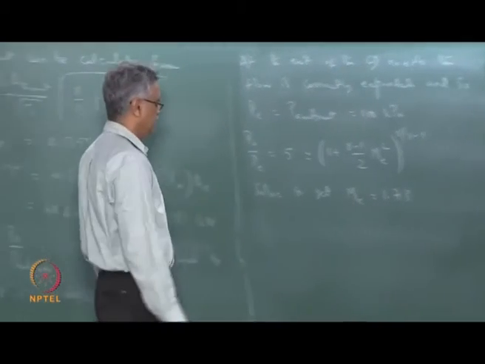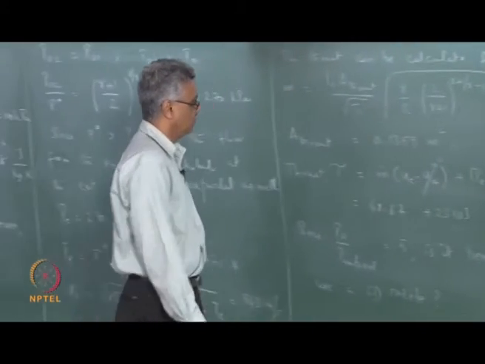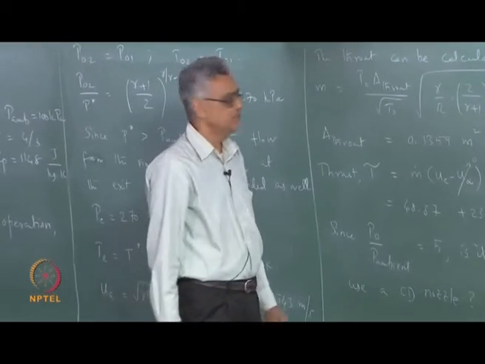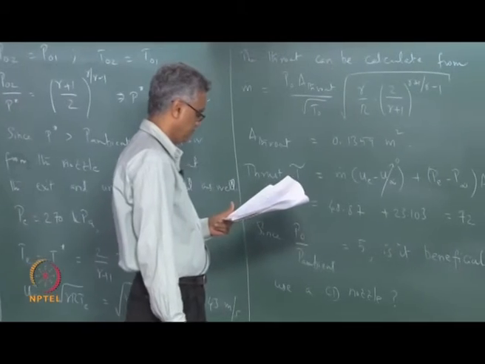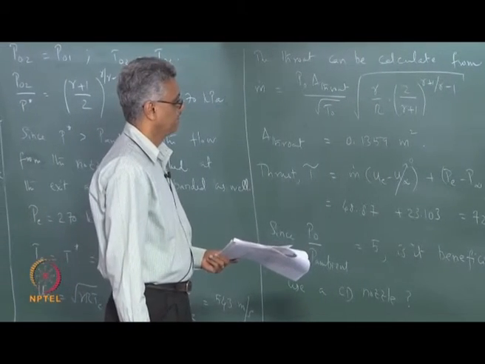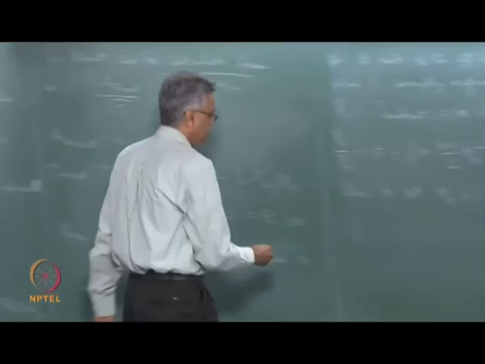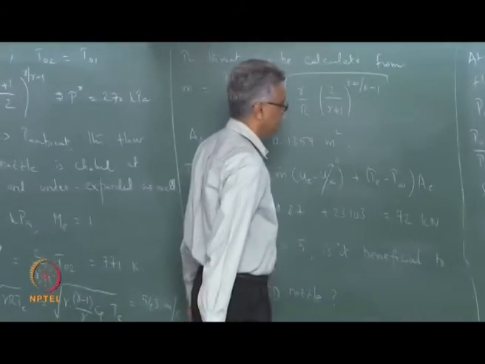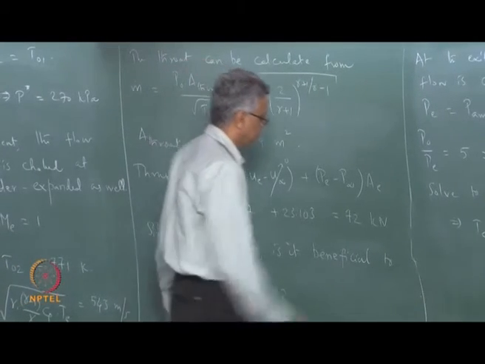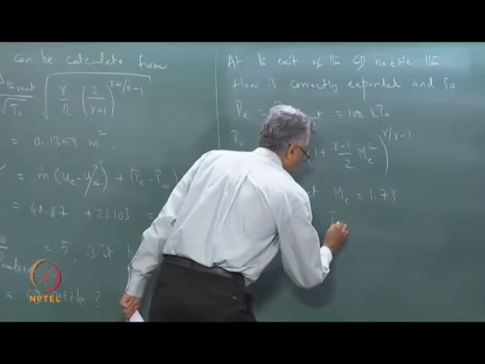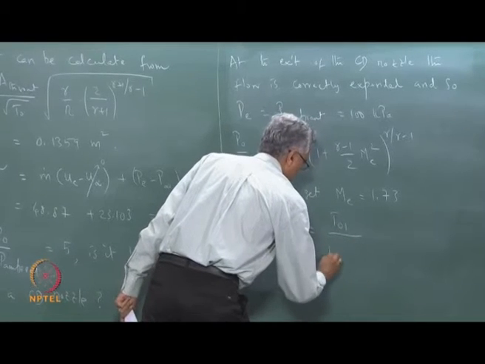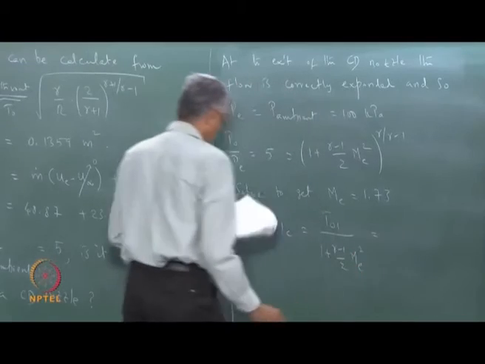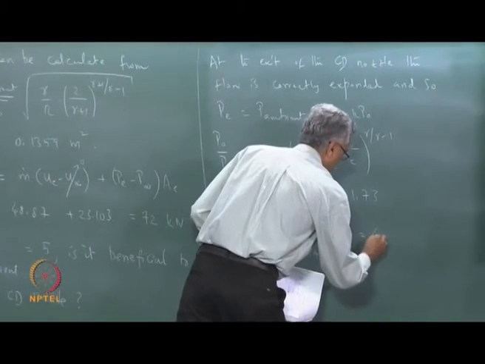In fact, if I had expanded the flow all the way to atmospheric pressure, my exit Mach number would be supersonic and correctly expanded. So, once I have ME, I can get my exit static temperature. I know the stagnation temperature, so I can get my exit static temperature from T0 divided by 1 plus gamma minus 1 over 2 times ME square, and this gives me 602 Kelvin.